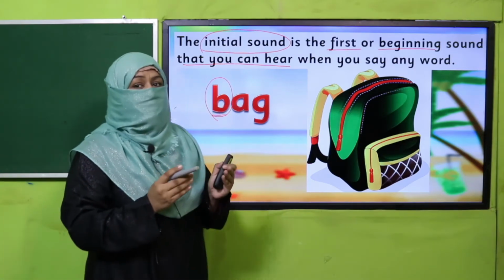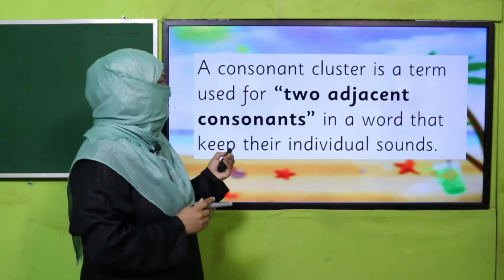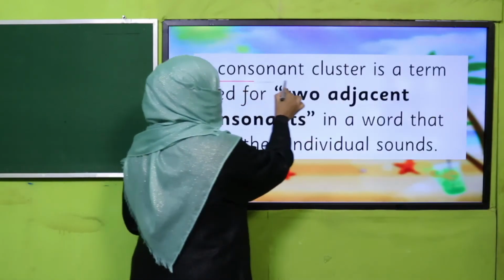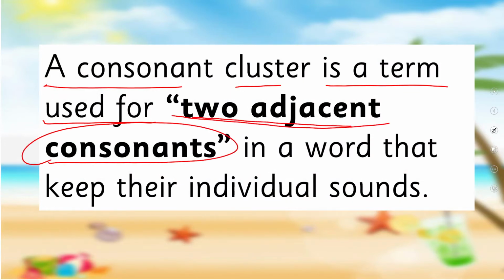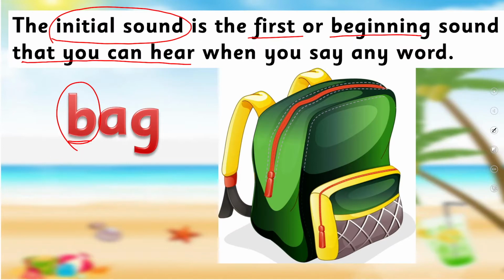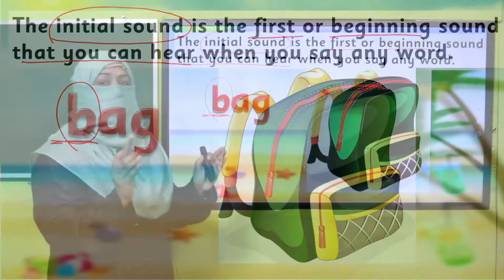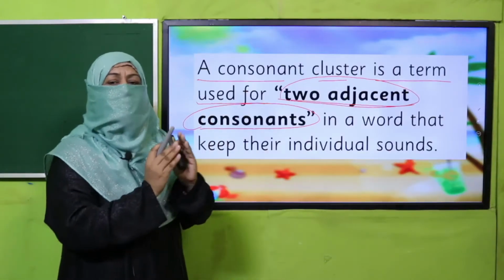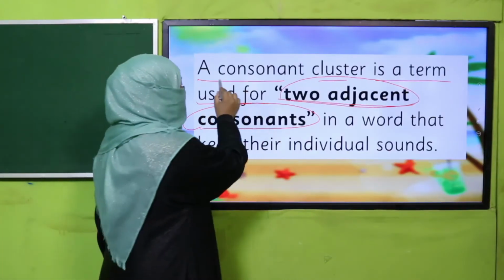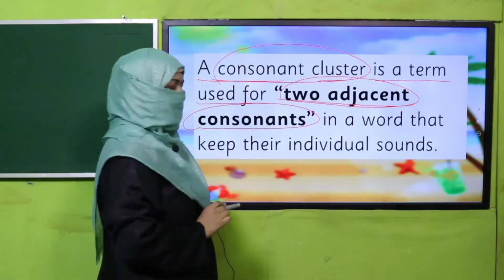So what is a consonant cluster then? A consonant cluster is a term used for 2 adjacent consonants. Here it's one consonant. If there are 2 consonants together coming in a word, they are known as a consonant cluster, right?